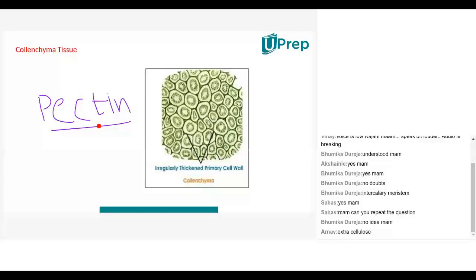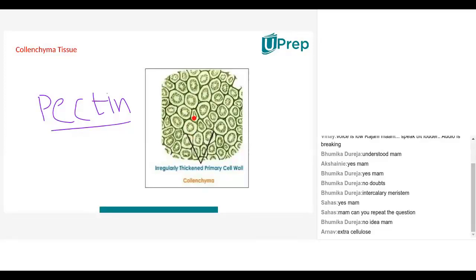So what Akshayani said is a half-way answer. Some part of the pectin may get dissolved and some part may not get dissolved during the ripening of the fruit. Why does it happen? Because the pectin is irregularly arranged.